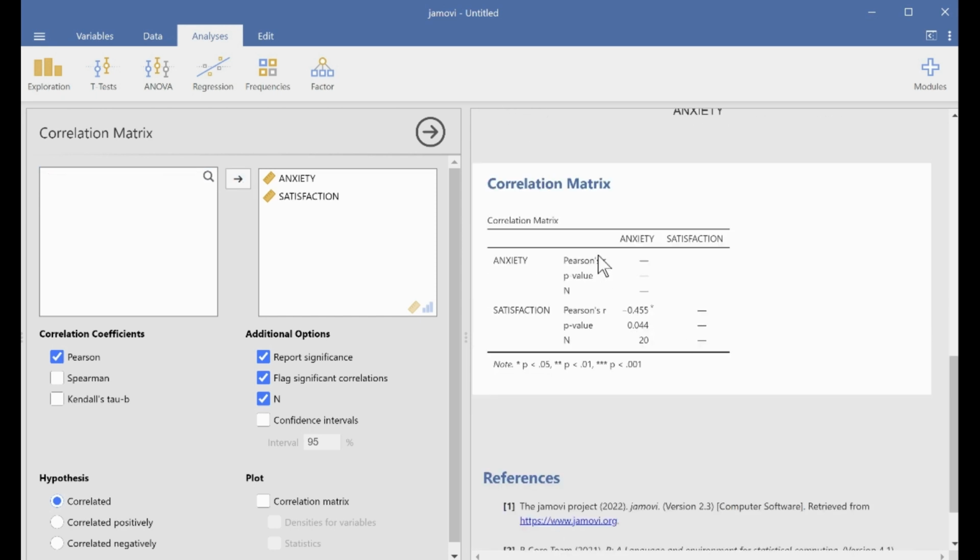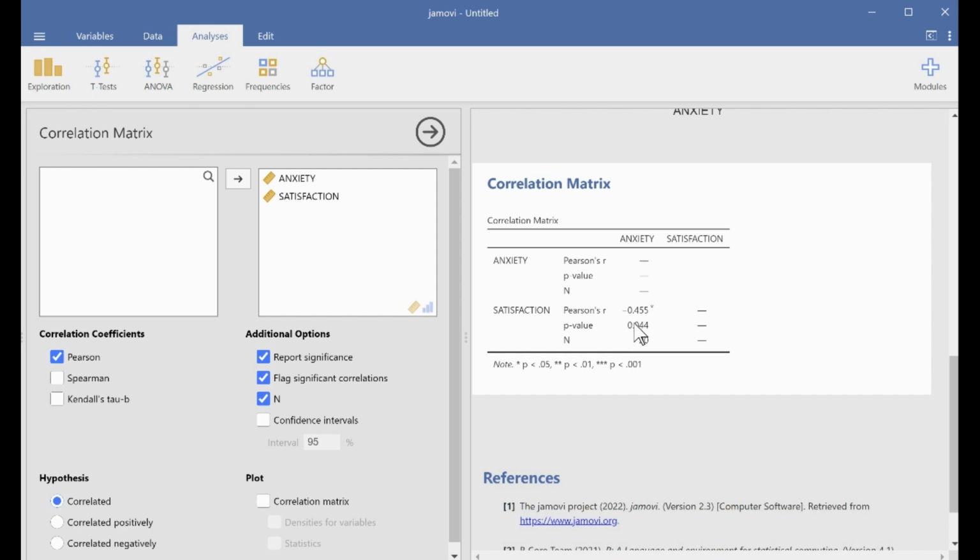And what you can see comes up here is a correlation matrix. This is anxiety, this is satisfaction. And what I'm interested in is these two scores. This is a negative 0.455 correlation, and it is significant at the 0.05 level.